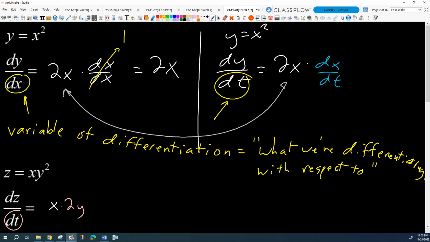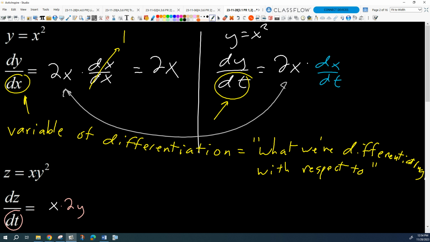I don't expect you to understand all that physics stuff, but I just wanted to give you a context for why. The question was, why am I differentiating with respect to t? Because I want to know what dy/dt is. So there is a context where I might want to know that.